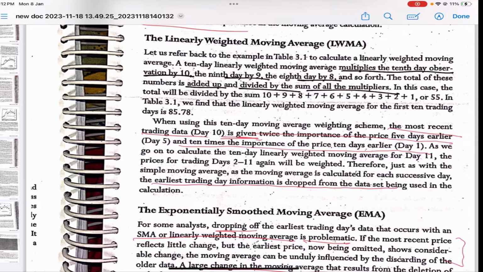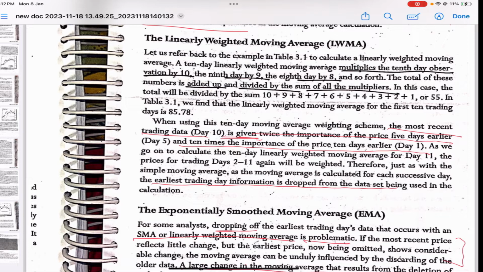So linearly weighted moving average. When we talk about a 10-day linearly weighted moving average, it multiplies the 10th day observation by 10, the 9th by 9, the 8th by 8. So every day's observation is multiplied by the number of the day, and then it's all added and divided by the sum of all the multipliers. Simple. So how are you going to calculate the linearly weighted moving average?